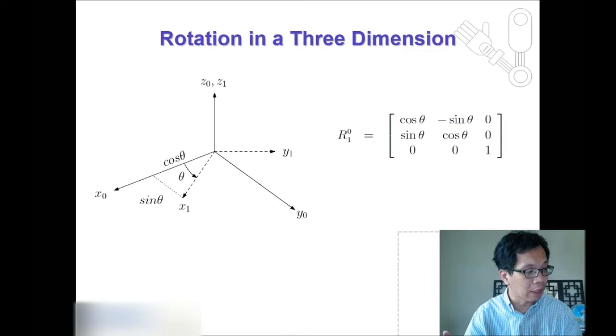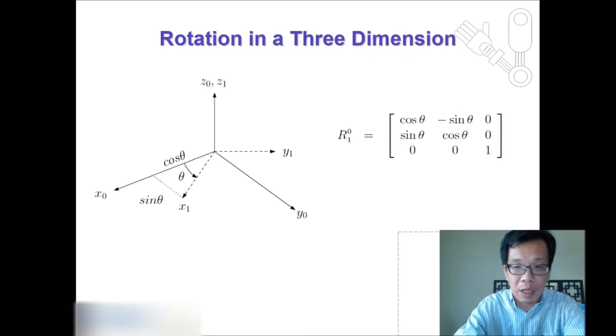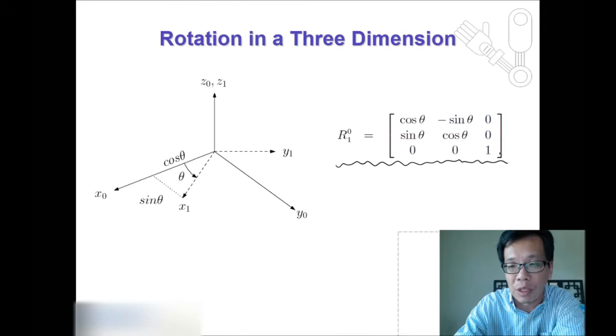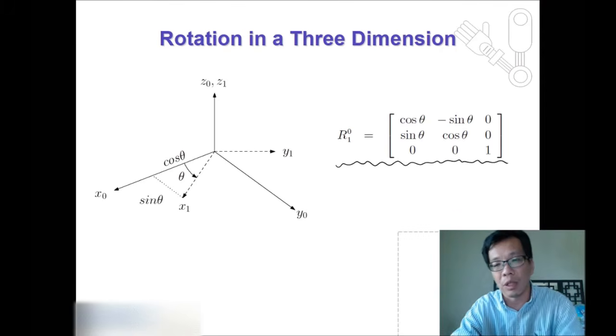Before we talk about that, this is the conversion matrix that we're going to deal with. Just like what I said earlier, this is going to be the matrix that we need to convert from zero's coordinate to the first frame. So this is going to be something we need to do the calculation.